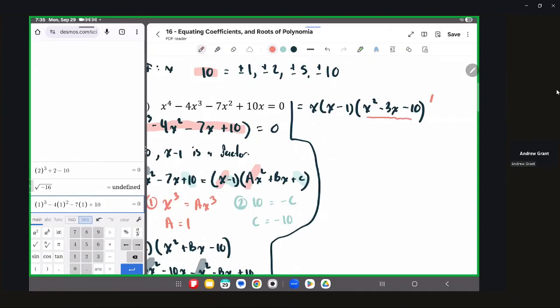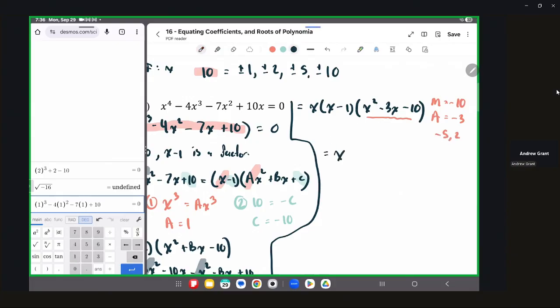So we need to figure out two numbers that multiply to make negative 10 and add to make negative 3. Those numbers are going to be negative 5 and 2.